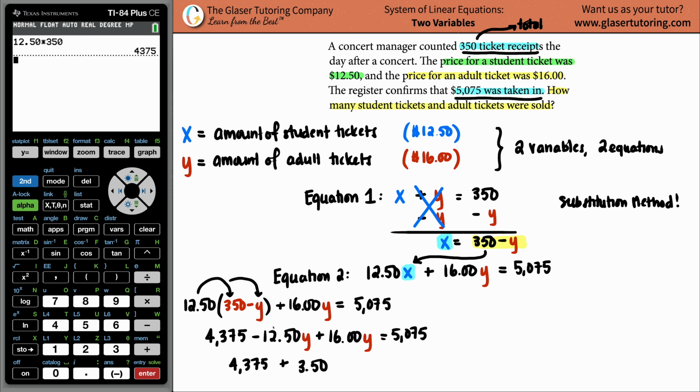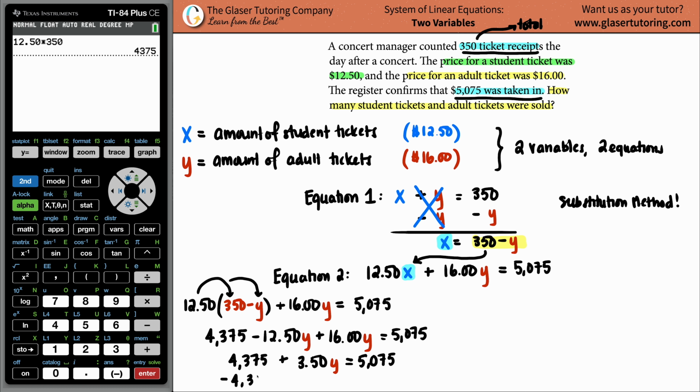If we did this math, 16 minus 1250 is 350, and that's y. And then this will equal 5,075 buckaroos. So now let's just get the y on one side, get the numbers on the other side.